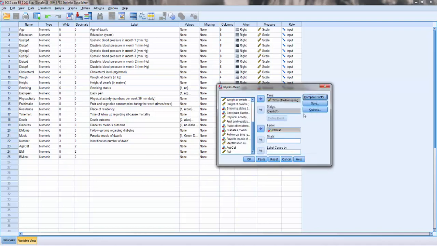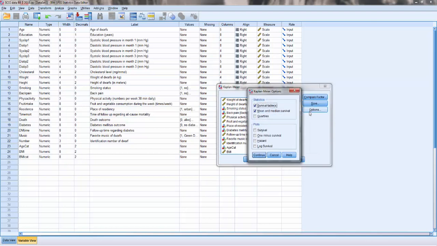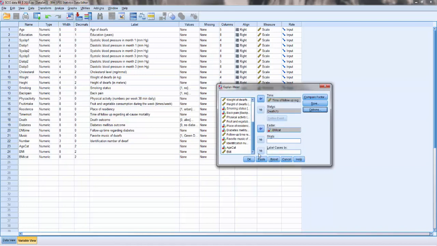One more thing to do, which is going to options, and under options I usually like to have a survival plot. You can choose any of these. I suggest you choose the survival plot, and we tick the box and click on continue. Now everything is defined.